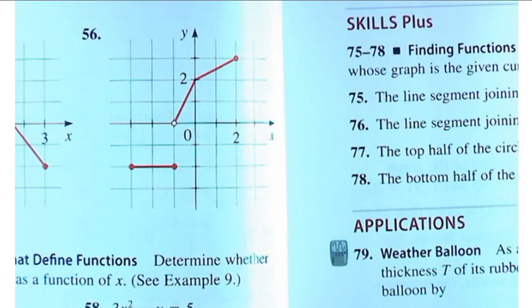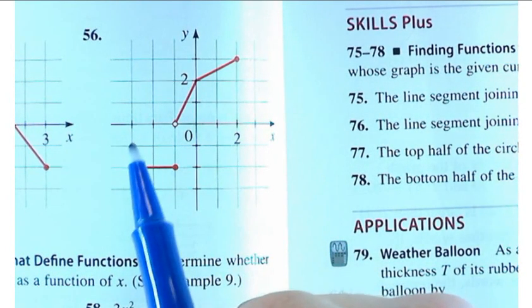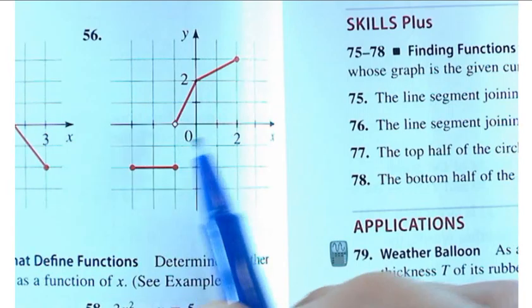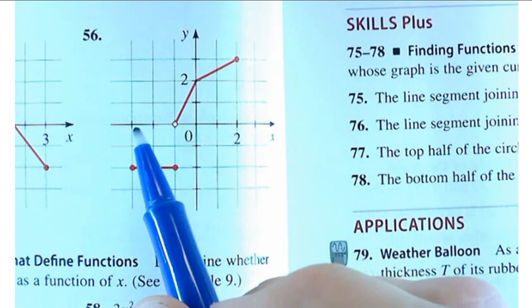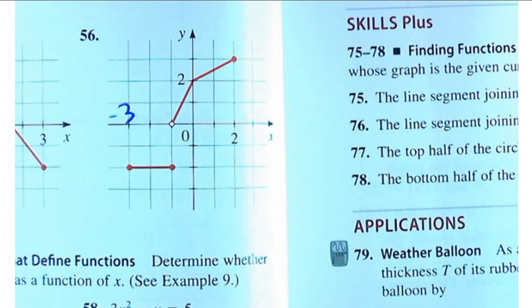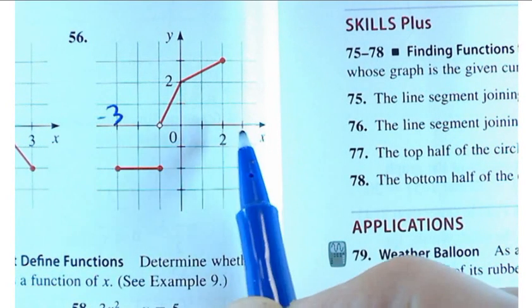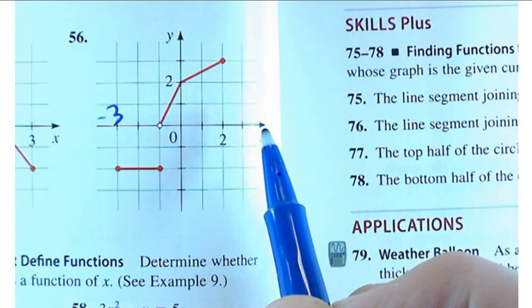All right, so the x goes from, let's see, that'd be 0, negative 1, negative 2, negative 3. So negative 3 to where for the x values? Negative 3 goes all the way up to and including 2. So that'd be your domain there.